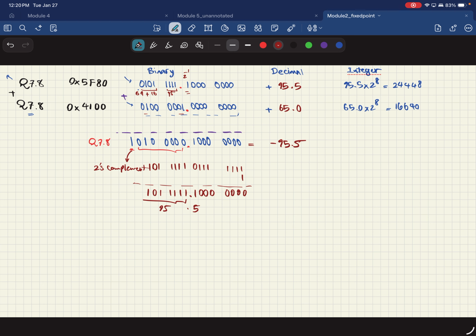Rule of thumb: even in decimal, when you add two numbers that are 1 digit, like 9 and 2, you would need 2 digits to store the summation. So whenever you add two numbers with format Q7.8, ideally what you need is Q8.8 to store the result. You need one more bit, basically.